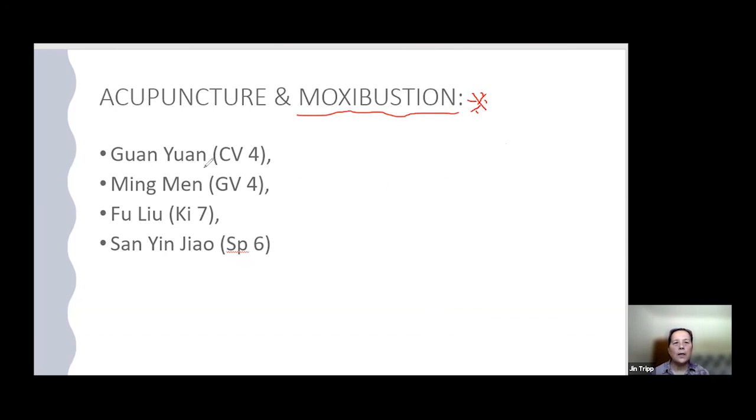The points we can use are Ren 4 and Du 4. So Du 4 we call 命门. What does 命门 mean? The yin yang point. For a patient with yang deficiency, certainly we can go specially to this point to tonify it, and even with moxa.